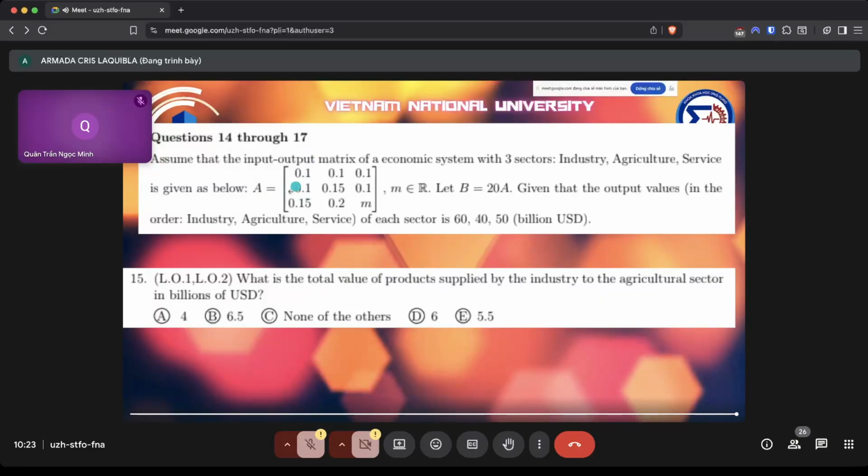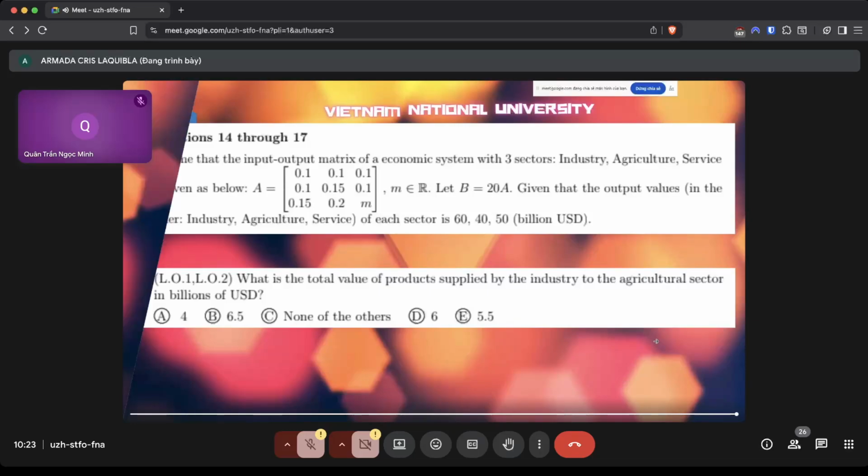So this is your A21, which is 0.1. Again, it's agricultural to industry, and your industry output is 60, so you multiply that with 60. The answer is 6 there. If you interchange the industry and agricultural sector here. That's it. Next.